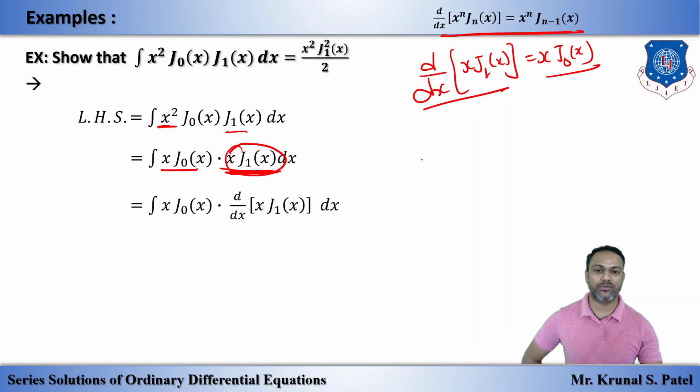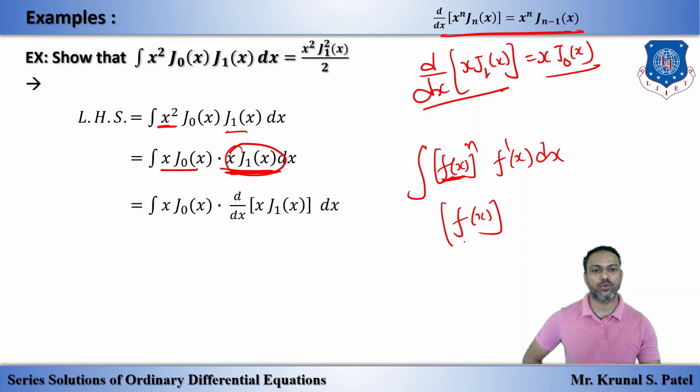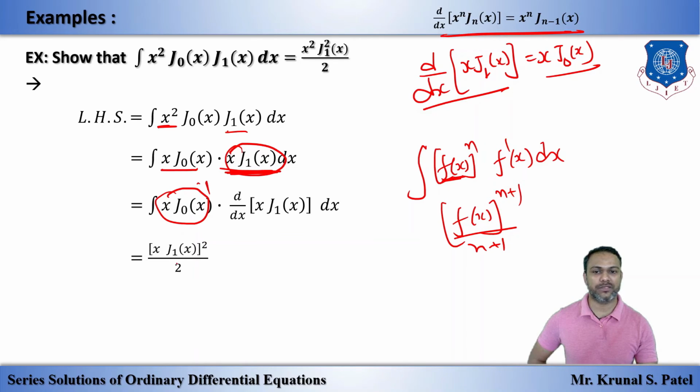So we know the formula of integration of f of x raised to n times its derivative. Then we can write the formula f of x raised to n plus 1 by n plus 1. So this is our f of x raised to n, that means 1. So raised to 1 by 2, by 1 by 2.